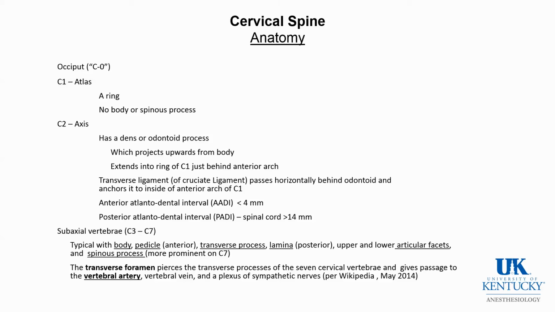The atlas has only a ring and no spinous process. The axis has the odontoid process, or dens, which sticks up into the C1. And it's held in place with a transverse ligament.